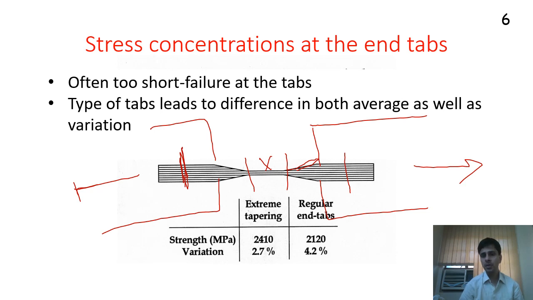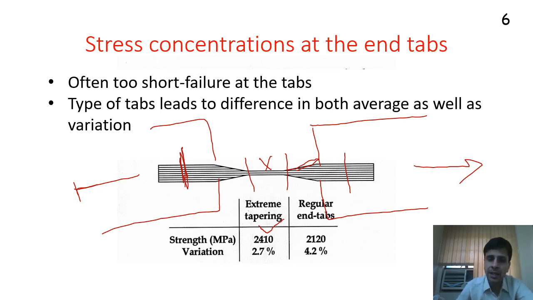So again, this brings me to the previous lecture where I said that the testing standard should be equal to your material. Your test should be equal to material property. Then the question is, which is the material property? Is the strength 2410 or is it 2120? The answer is it is likely to be 2410, not 2120, because in extreme tapering we are reducing the stress concentration.